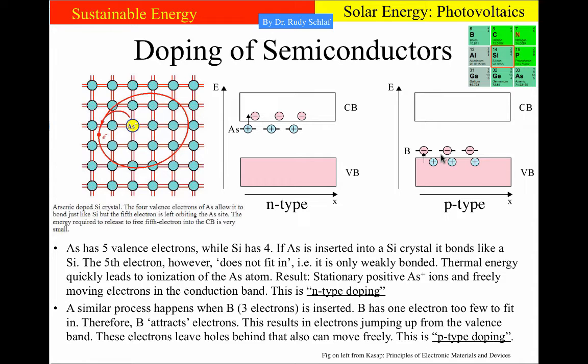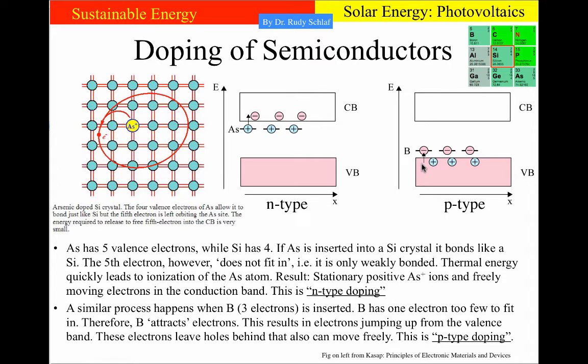So this means, in summary, N-type doping allows us to create a situation where we have mobile electrons in the conduction band and positively charged arsenic atoms that are stationary in the crystal. And p-type doping creates the opposite. We get negative charges that are stationary within the crystal, and we have holes in the valence band that can move freely.